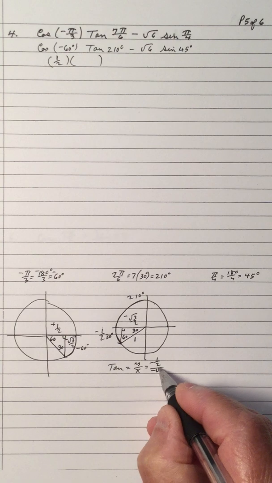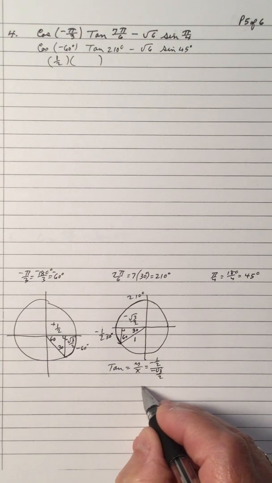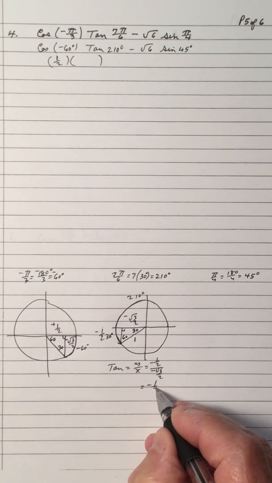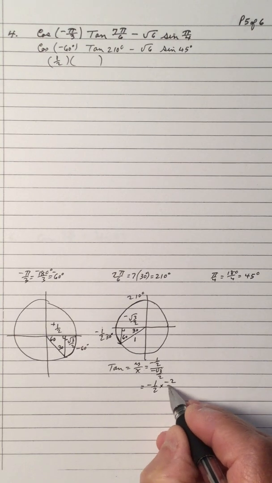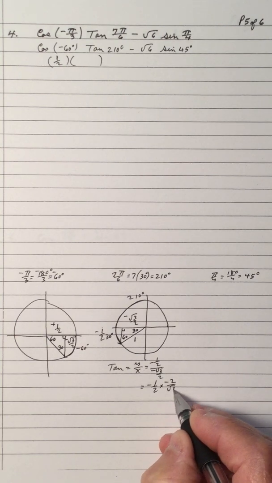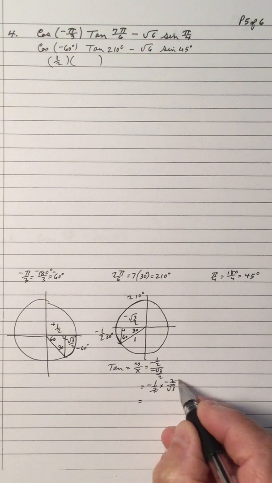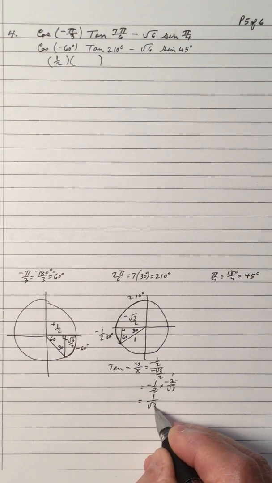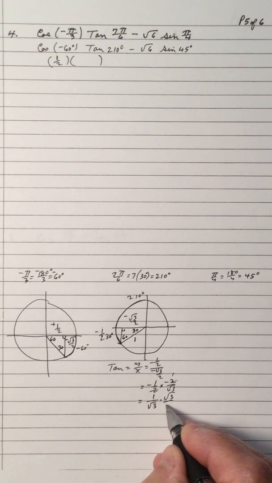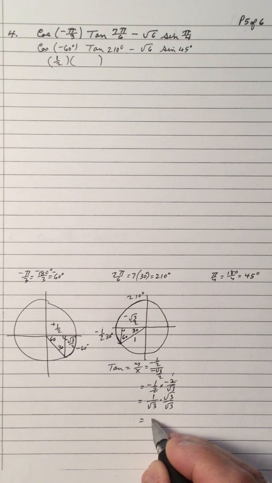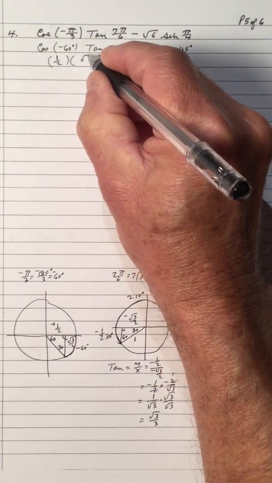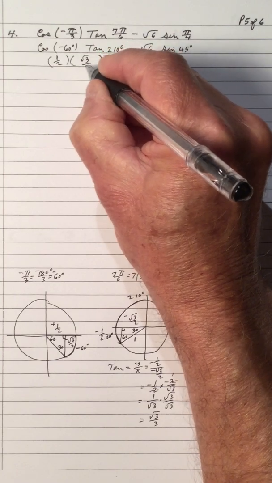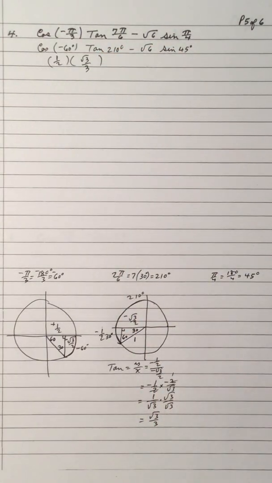The x is a negative root 3 over 2, and that gives us a negative 1/2 times negative 2 over root 3. And the 2's cancel. Negative times negative is positive, so I get a 1 over root 3 times root 3 over root 3. So I get root 3 over 3, because I fully simplified it.